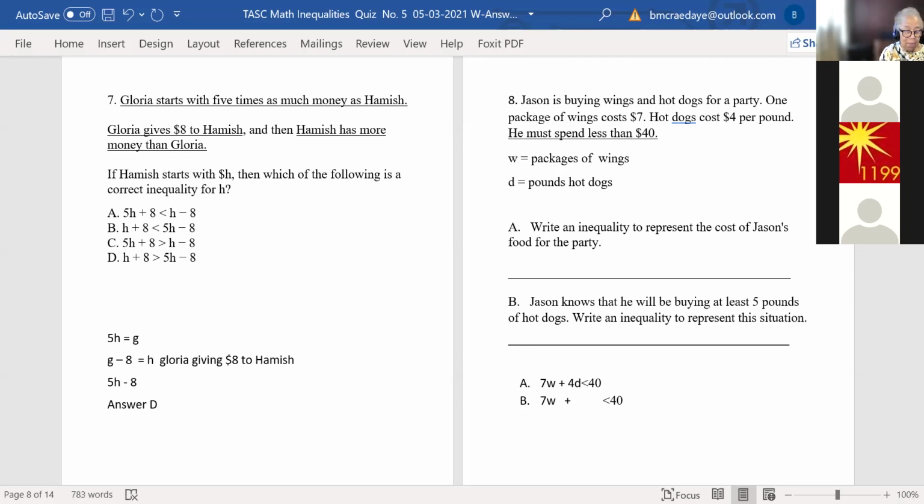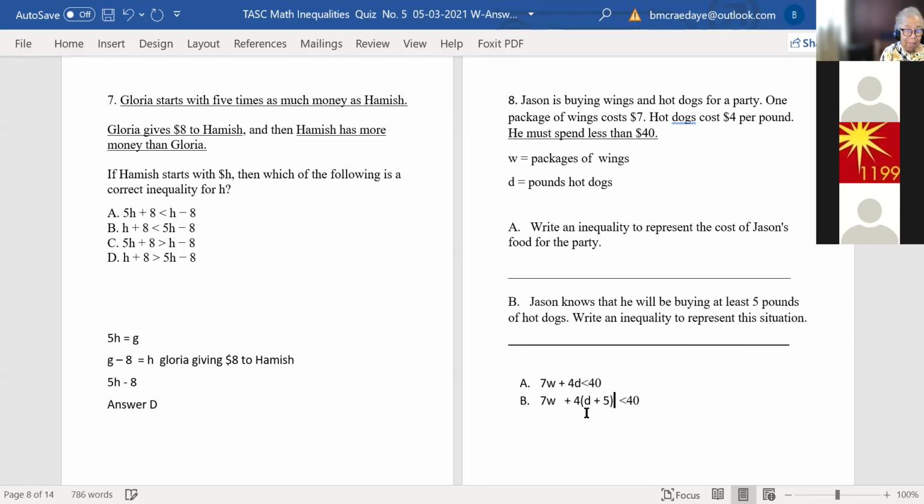What would the hot dogs be? 4 times what? At least 5. So you will still have your D, but then plus 5, because he said at least 5.